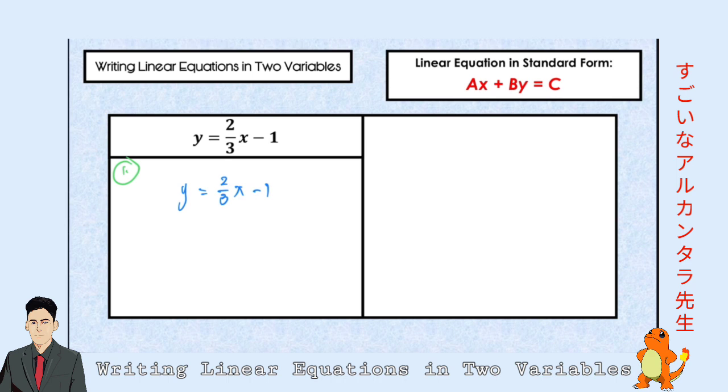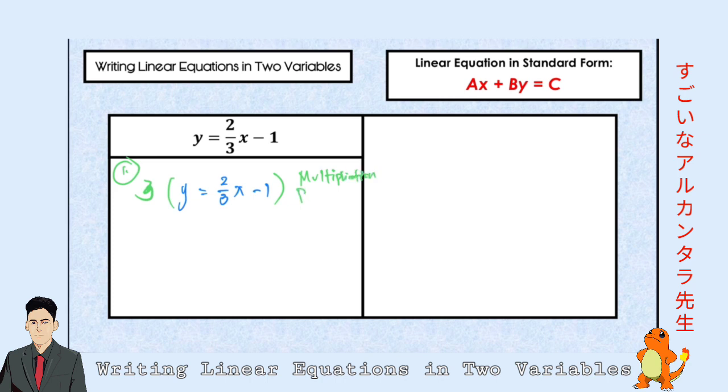You are dividing the 2 by 3. So it's 2 by 3, or 2 divided by 3, or 2 over 3. So what property of equality can we use here? Well, that's what we call the multiplication property. We are going to multiply 3 to the entire equation. So this is by multiplication property.